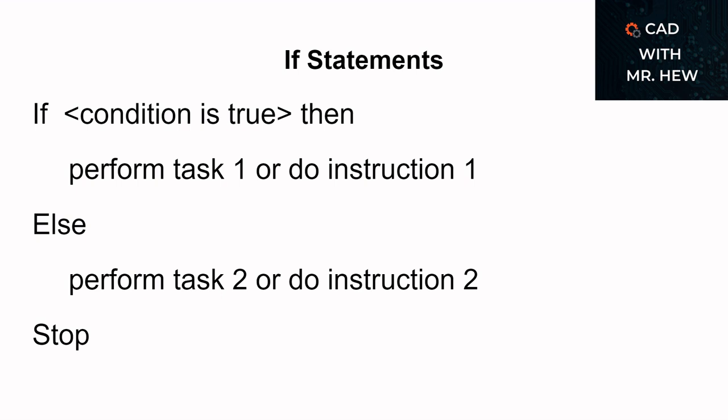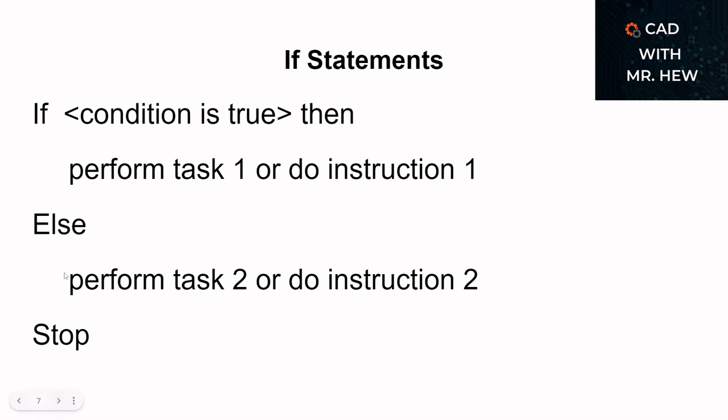Now, we'll be looking at the if, then, else. So, if condition is true, then perform task 1 or do instruction 1 or a set of instructions. If the condition is not true, then the else part will come into play.